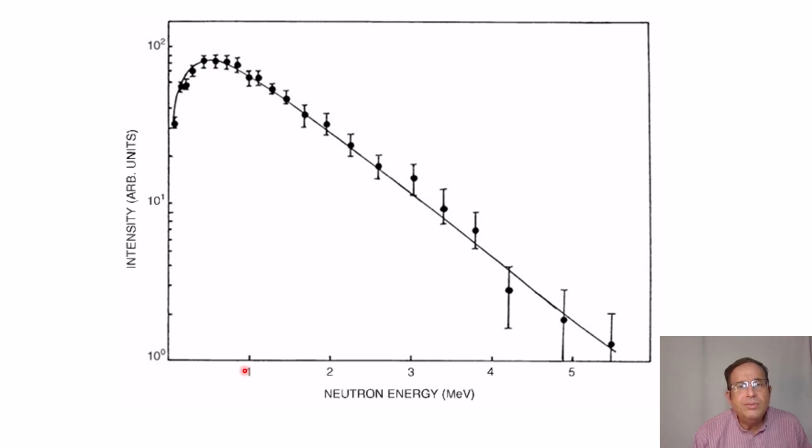Maximum intensity is for around 1 MeV neutron, and there are different neutrons with different intensity coming out, and all these neutrons are having different energies. Like for 4 MeV neutron, the intensity is around you can say 9 in the arbitrary units that are shown in this graph on the y-axis.